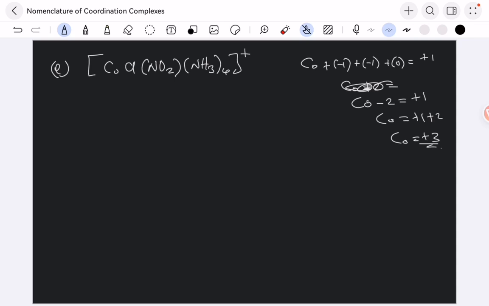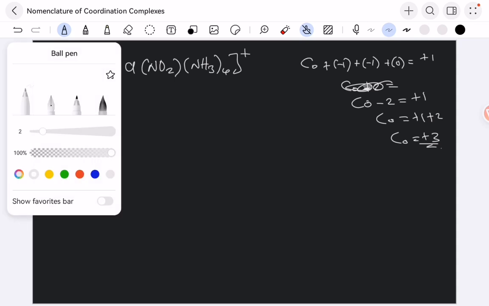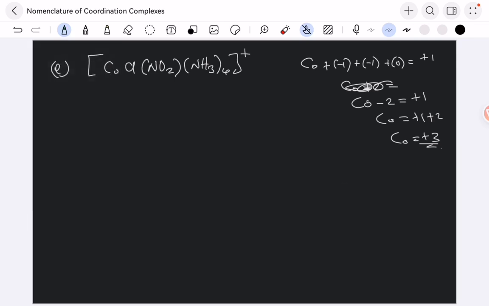Then in terms of the ligands that we have, we have a chloro, we have a nitro, if we take it that it's bonded to nitrogen, it's a nitro. Then we have the amine, which is 4.